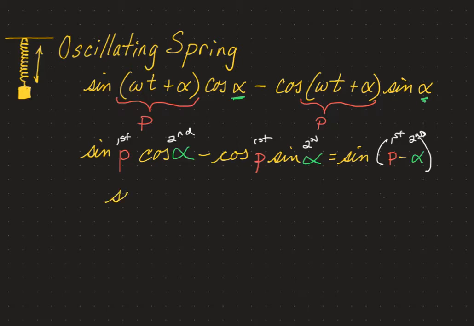So we're going to write this as the sine of p, which is actually omega t plus alpha, minus alpha. We didn't substitute anything for that alpha. But look at what that did. Now we have just omega times t, because alpha minus alpha gives us 0. That's much simpler than the original format.